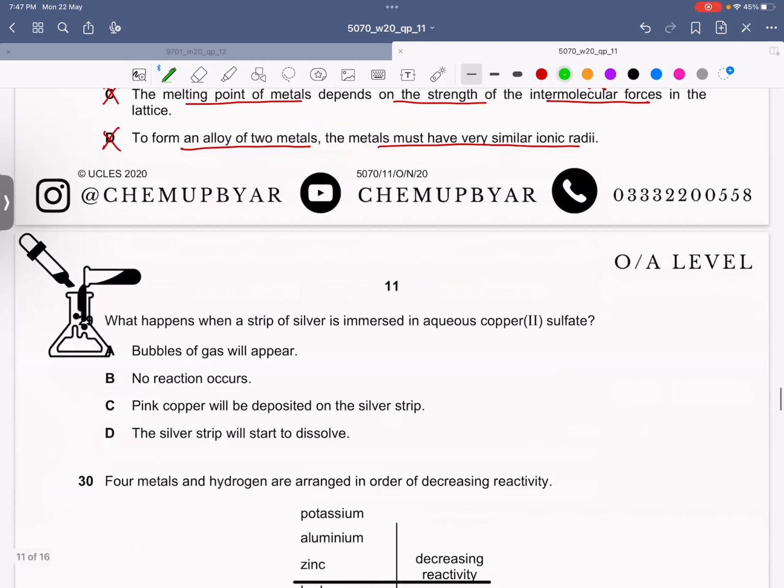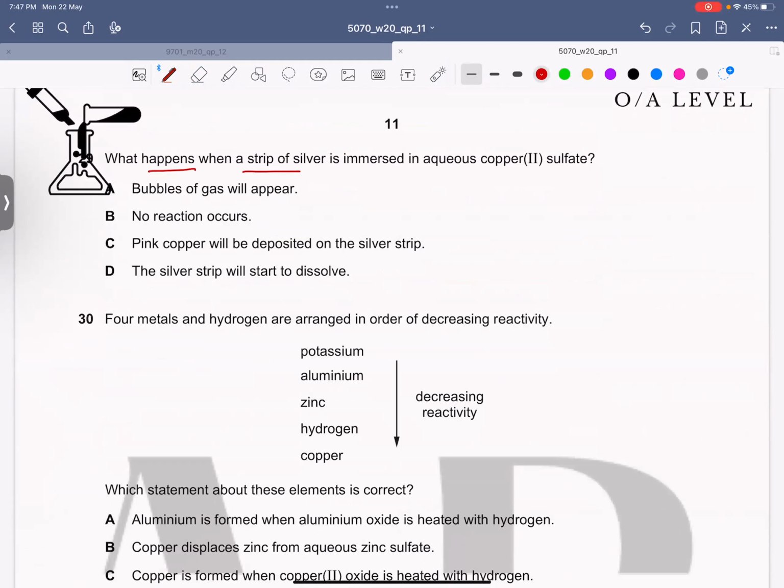Now, question number 29. What happens when a strip of silver is immersed in aqueous copper 2 sulfate? So if you look at their positions, we have hydrogen, below hydrogen we have copper, and after copper we have mercury, silver, and gold.